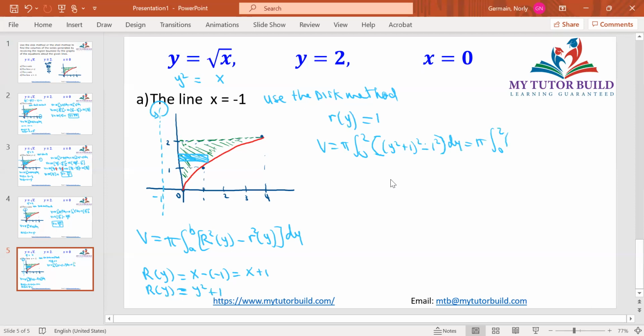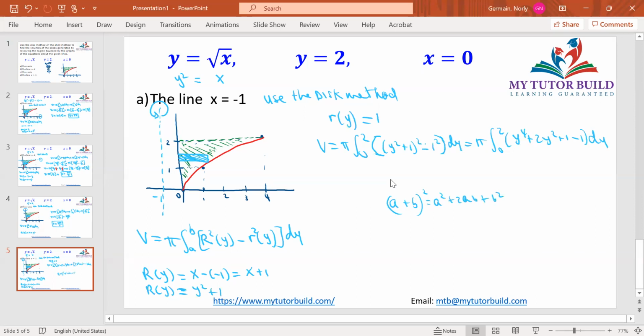That gives us pi, integral from 0 to 2, of y to the 4th plus 2y squared plus 1 minus 1. Remember your identity: (a plus b) squared gives you a squared plus 2ab plus b squared.